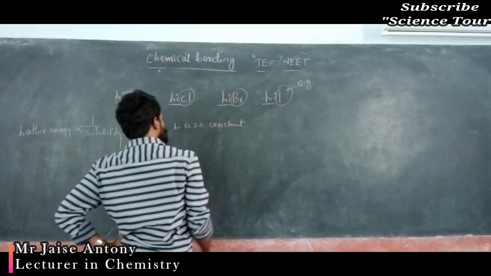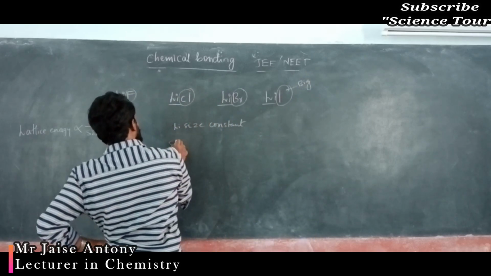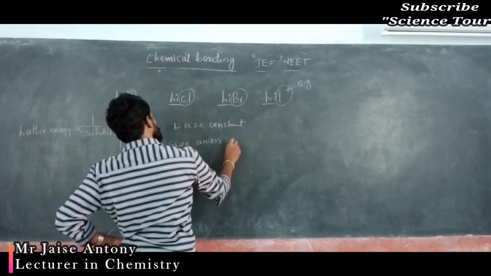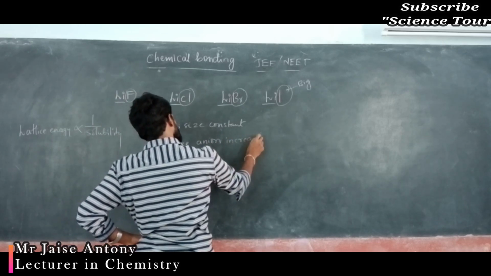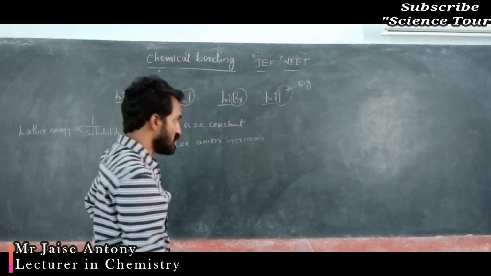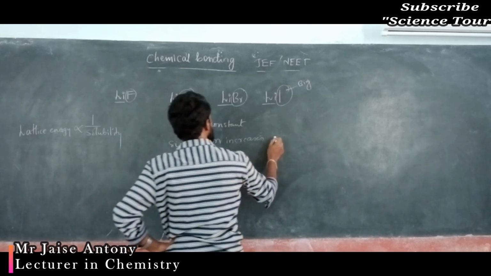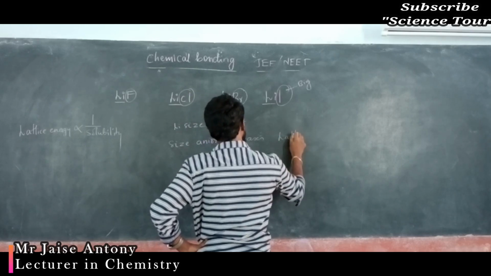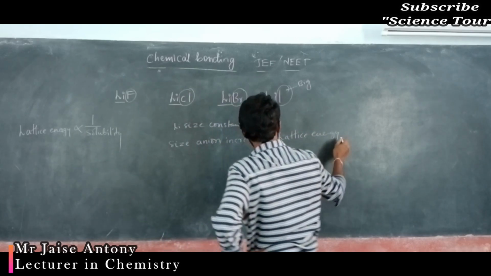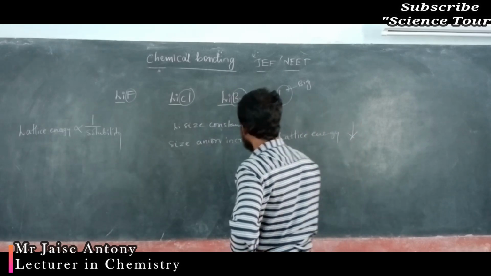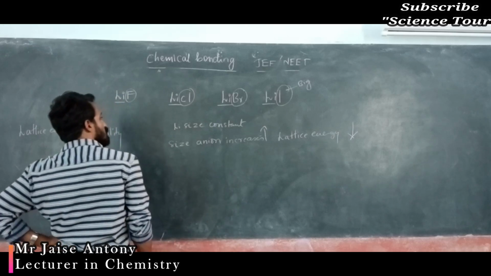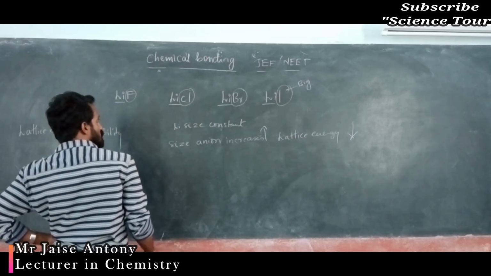Understood? So if the size of the anion increases, automatically lattice energy decreases. Here if size increases, lattice energy decreases.